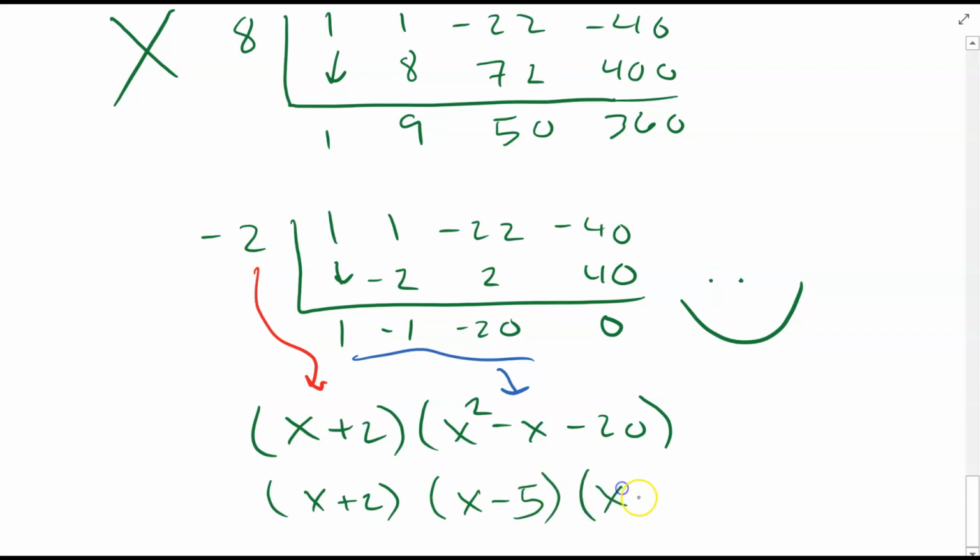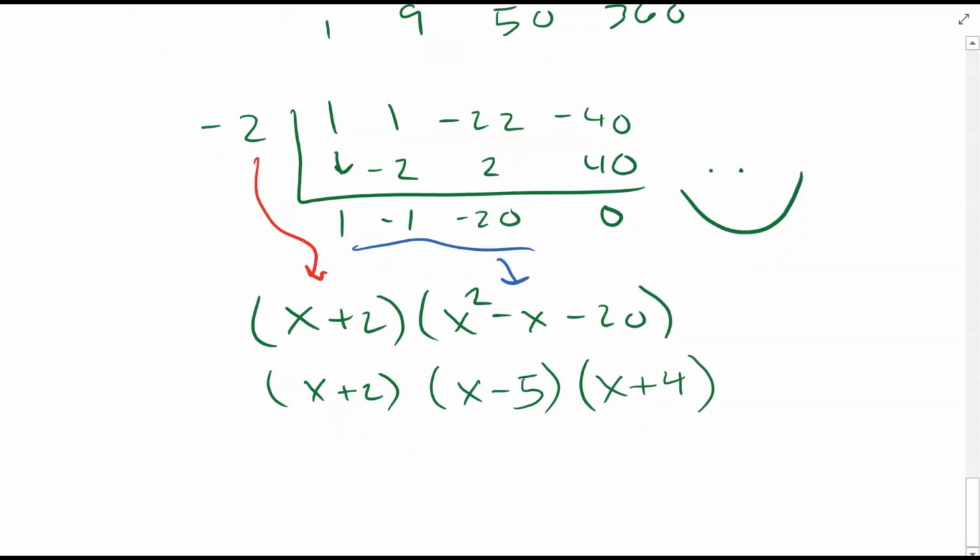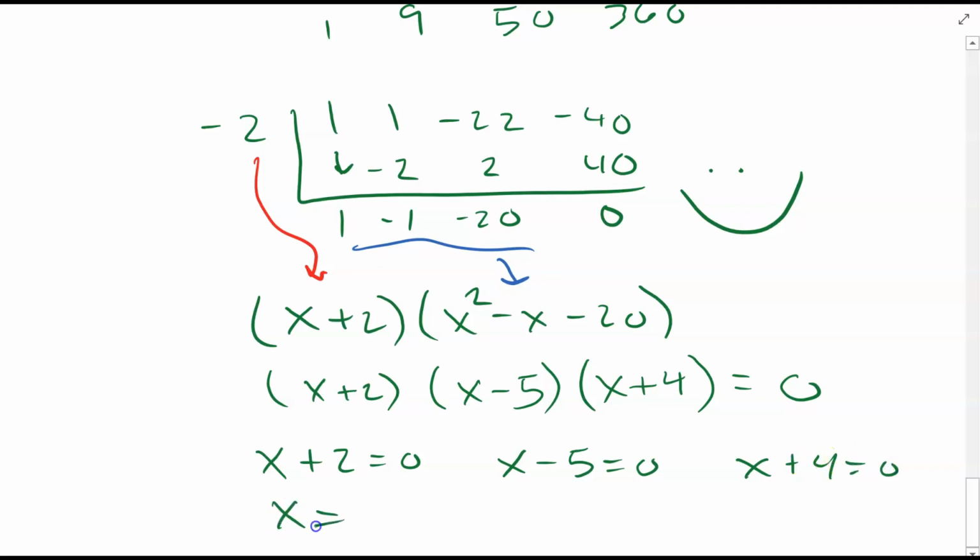X minus 5 and x plus 4, right? So yes. If you're asking us to solve this, we have to accept that even the x plus 2 is 0 as well. Right, and now that it's in factored form, we can take each of these, set them equal to 0, and solve. Of course. Is everybody okay with that?